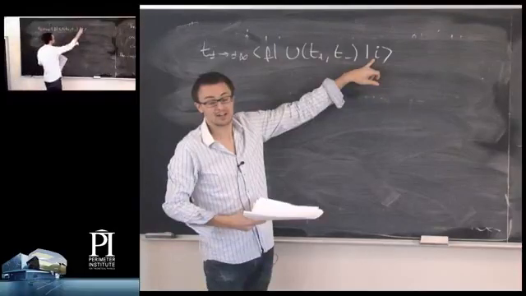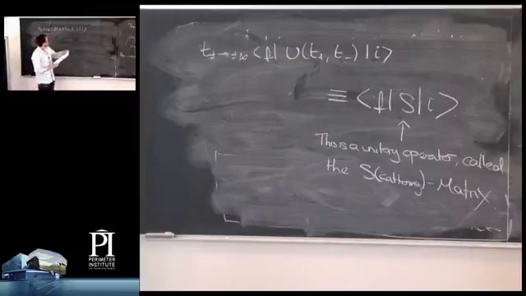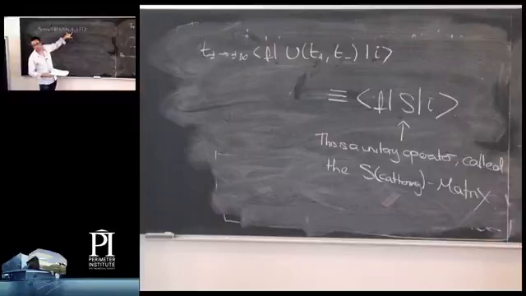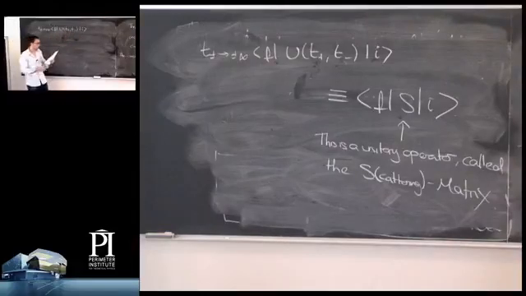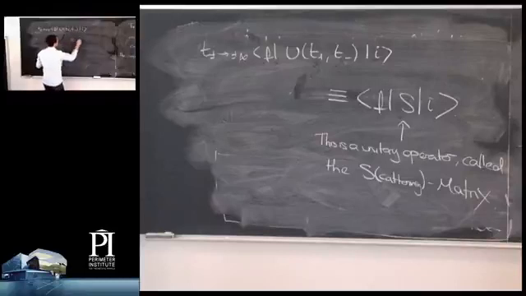Well, we've seen what this is. You have some initial state. In the interaction picture, it evolves by this unitary operator that we've seen from the time t minus to the time t plus, and then we just take the overlap with the final state. So just the usual quantum mechanical amplitude. But now we send this one to minus infinity and this one to plus infinity. This is usually written in the following way.